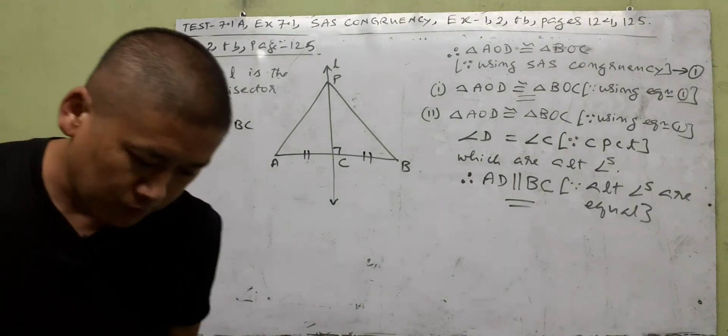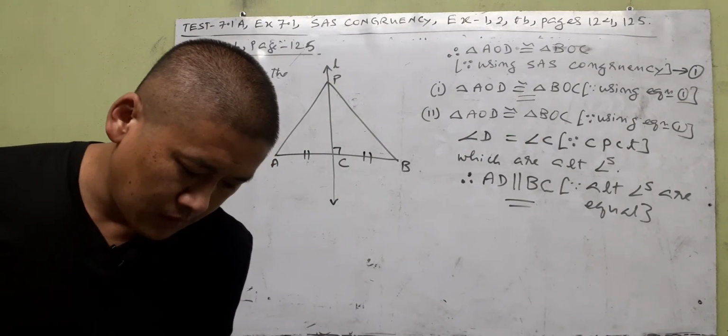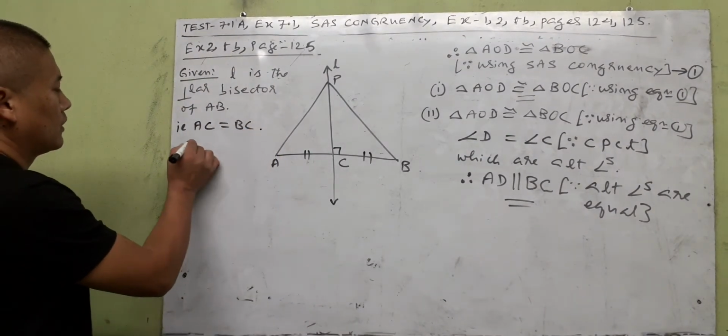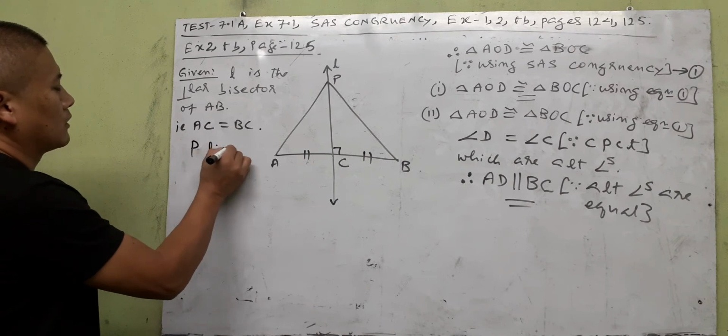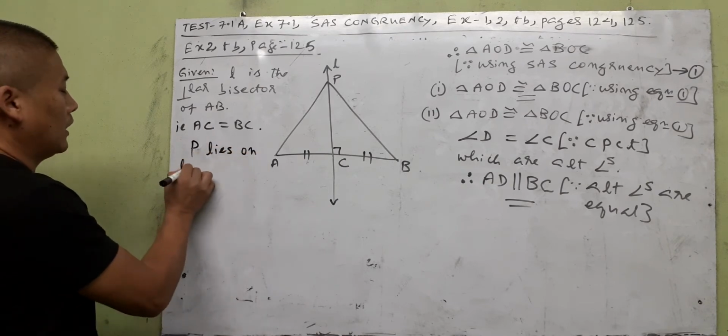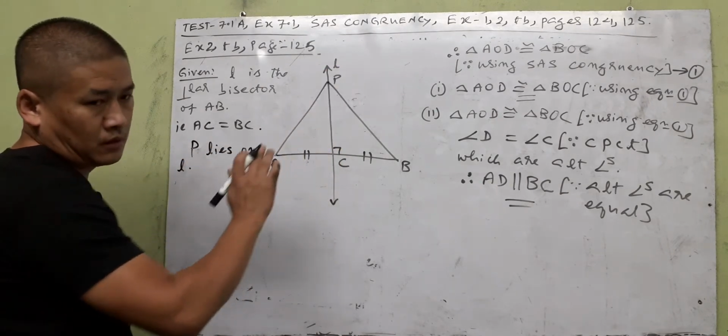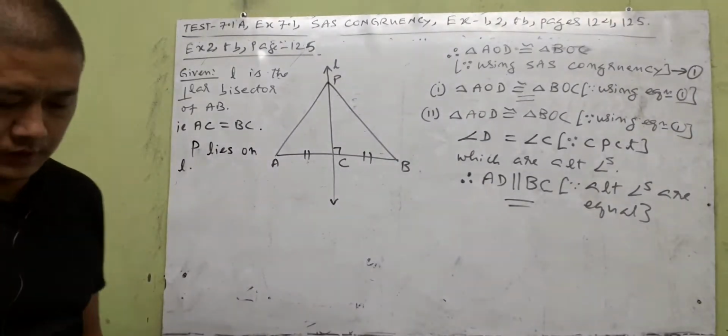Then one more thing is given: P lies on L. The point P lies on the line L, so it is not outside this line; P, which is the vertex of the triangle, is on the line.